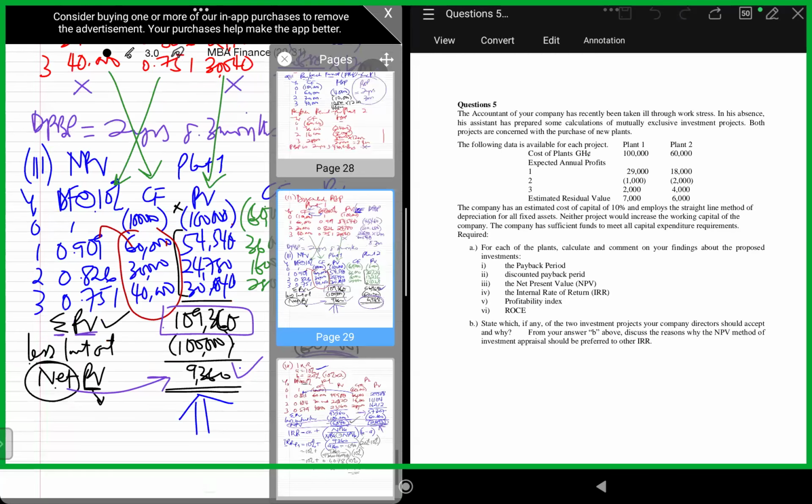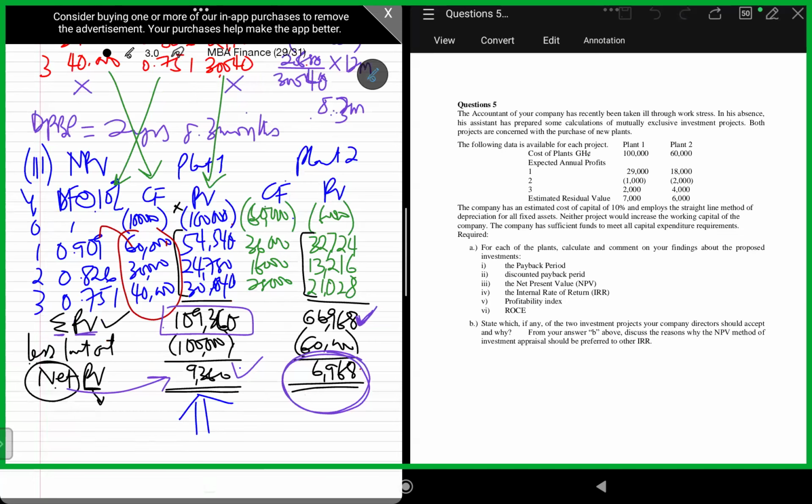The NPV for plant one was 9,360. So the business should accept plant one. The company should accept plant one because it had a higher NPV of 9,360 above plant two's NPV of 6,968.